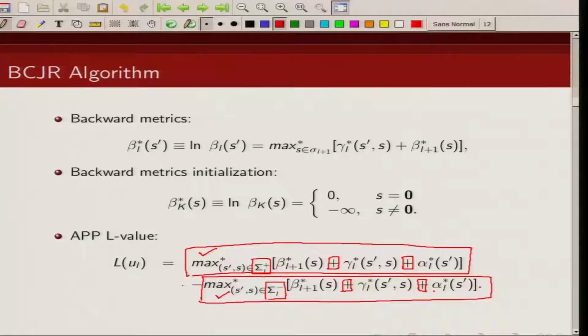So, this is rewriting the expressions for forward recursion, backward recursion, and the log likelihood ratio a posteriori probability L value computation for the BCJR algorithm.